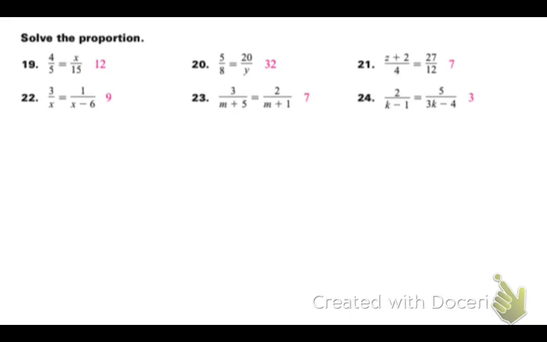Here we're going to solve some proportions. How do you solve a proportion? You cross multiply. I think you all are probably pretty good at this point. By solving the proportion, we need to find x.